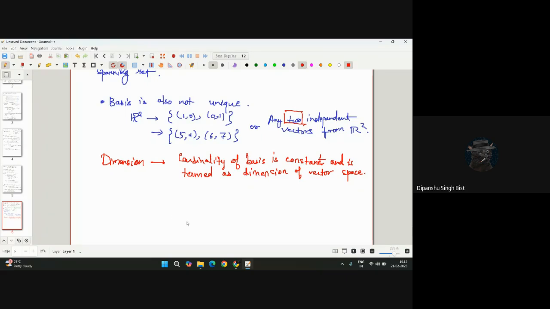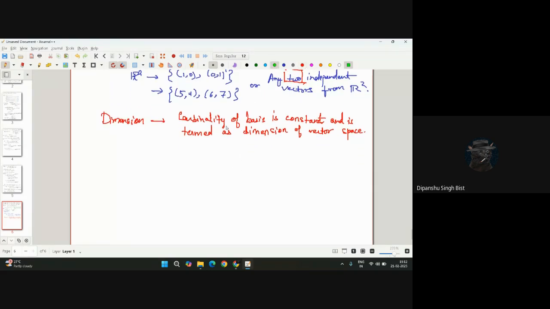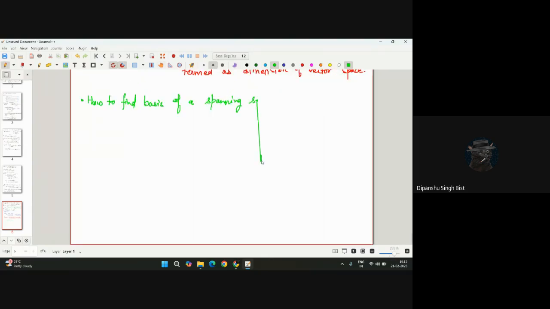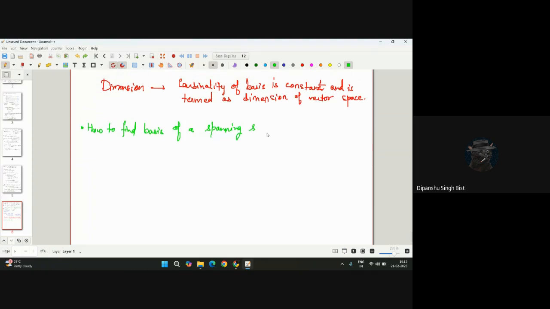Okay, so we were going to talk about one point, which was how to find the basis of a spanning set. Oftentimes you'll encounter a situation like this.